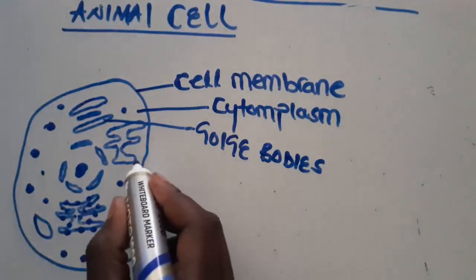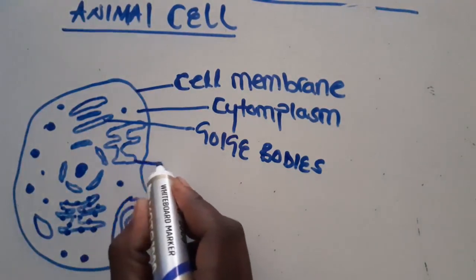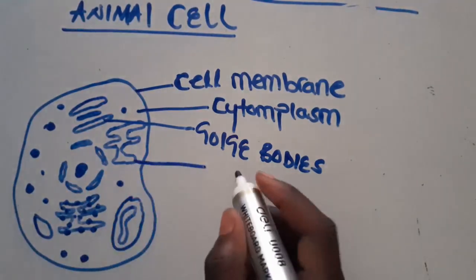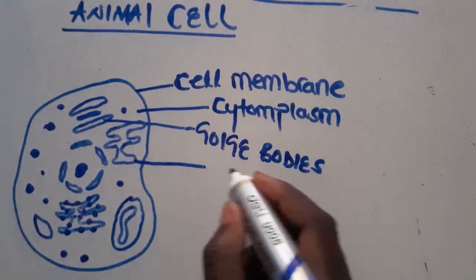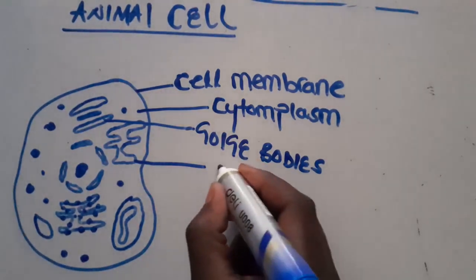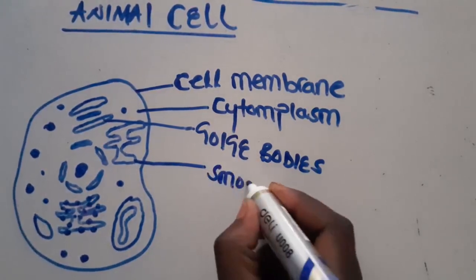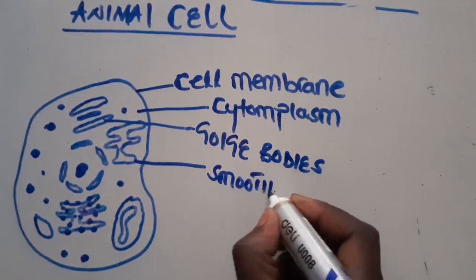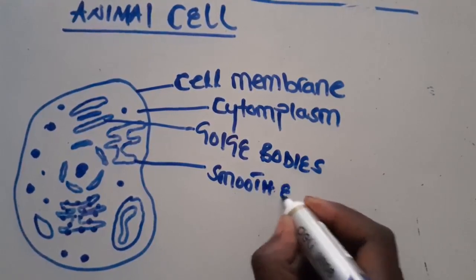And this part that you are able to see is called a smooth endoplasmic reticulum.